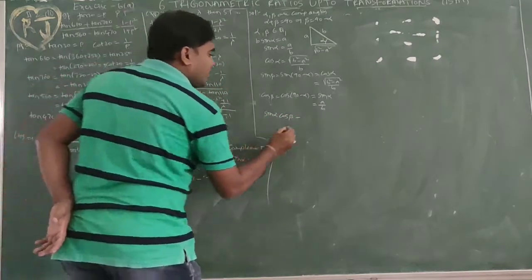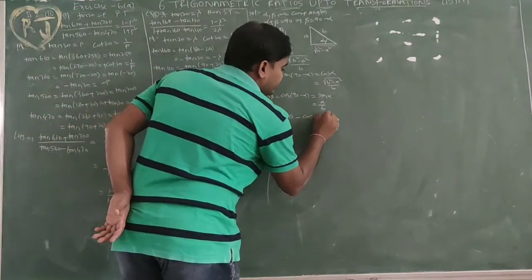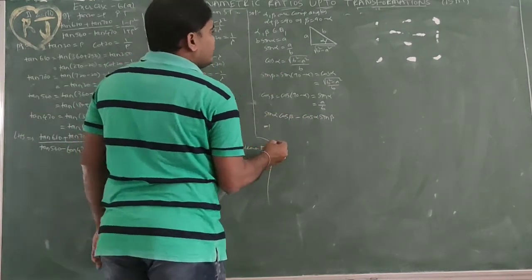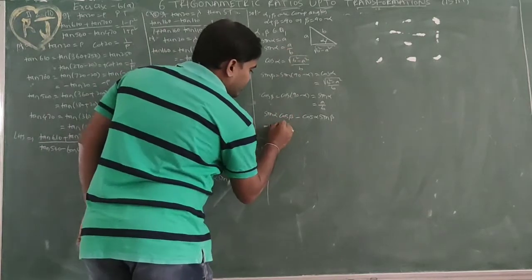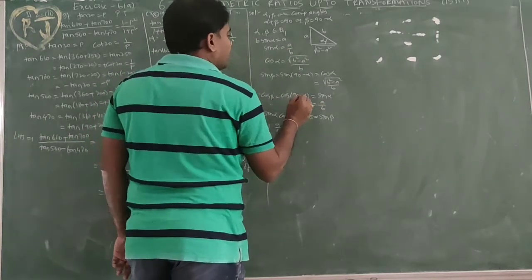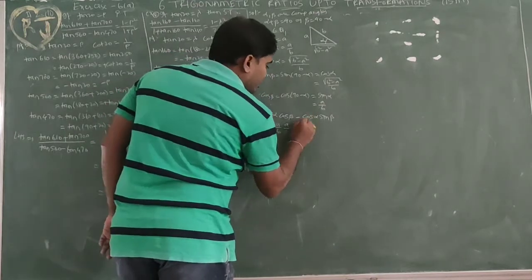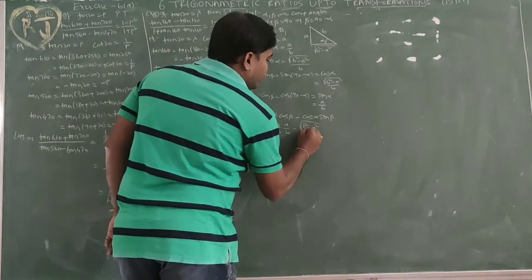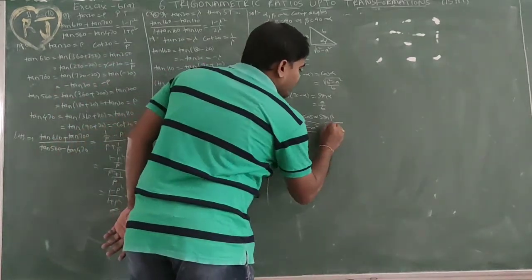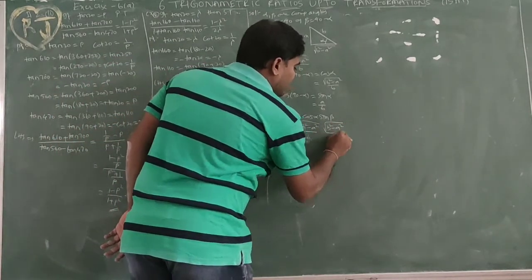Now sin alpha cos beta minus cos alpha sin beta. Sin alpha equals a by b, cos beta equals a by b, cos alpha equals square root of b square minus a square by b, and sin beta equals square root of b square minus a square by b.